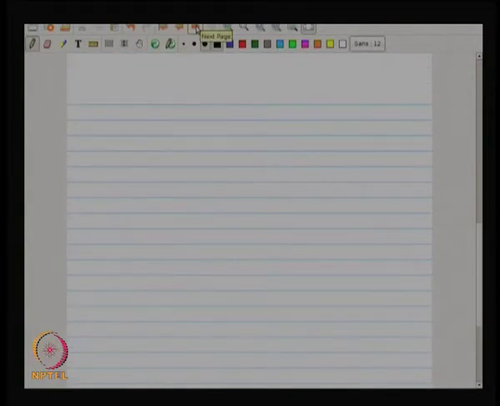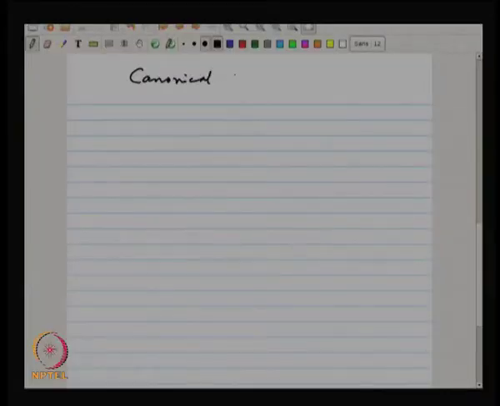So, the first thing that we do is define the notion of a canonical quadtree. What is a canonical quadtree?